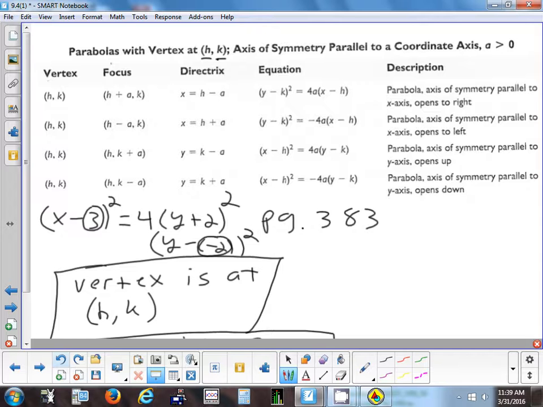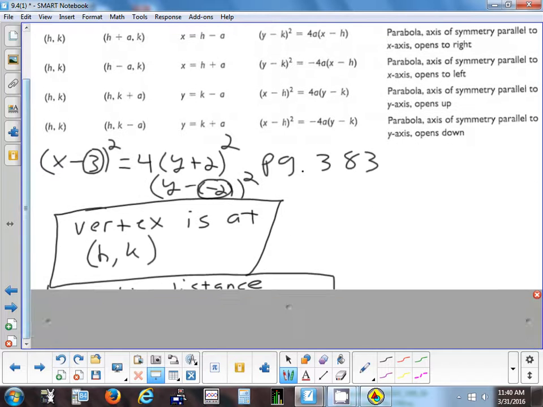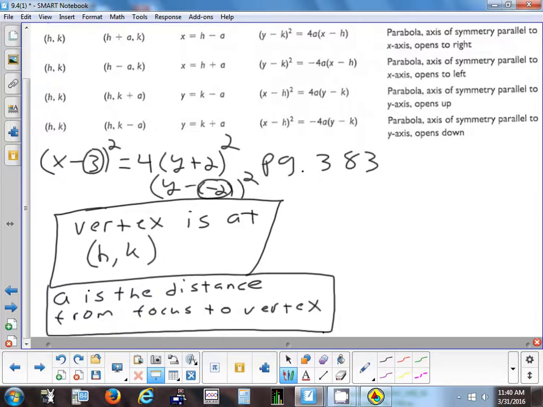Right, so I just wrote that down again. Your vertex is at h comma k. And remember, a is always the distance from the focus to the vertex. Now before, we could say it was the distance from the focus to the origin, because the vertex was always at the origin. Now it's not. So a, think of it as the distance from the focus to the vertex.